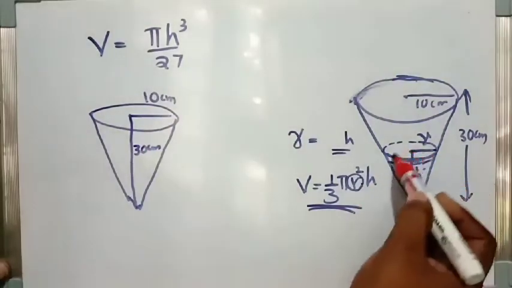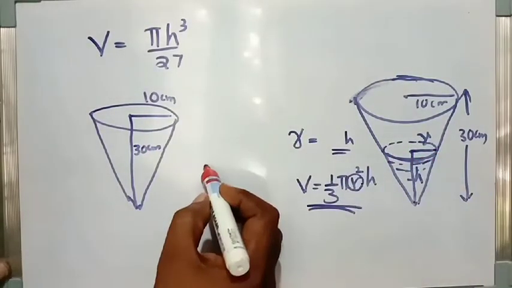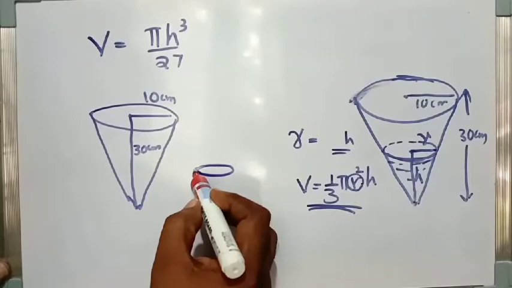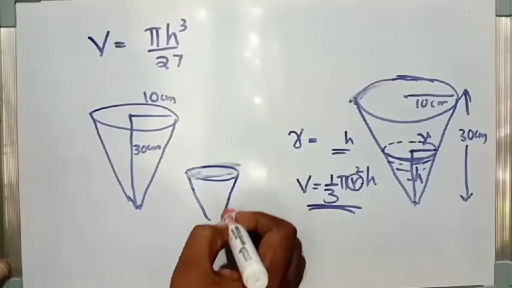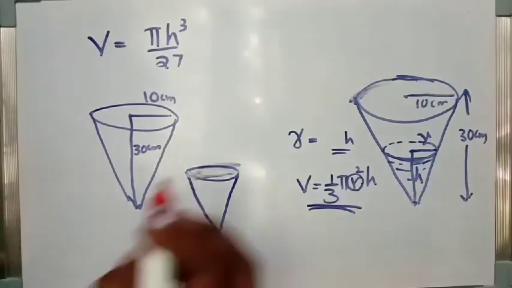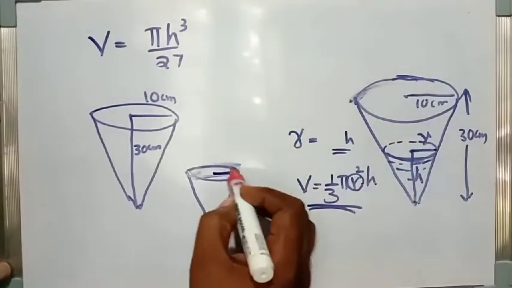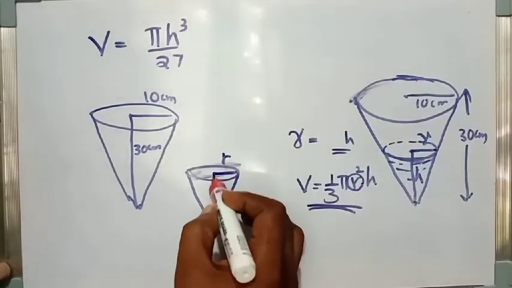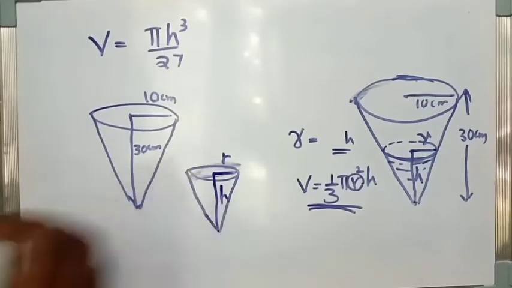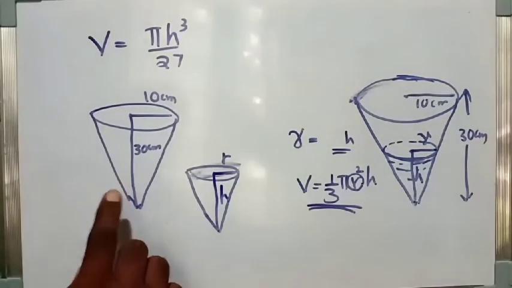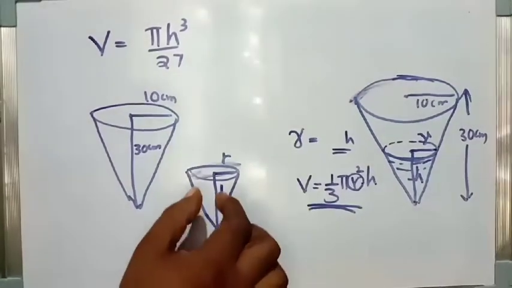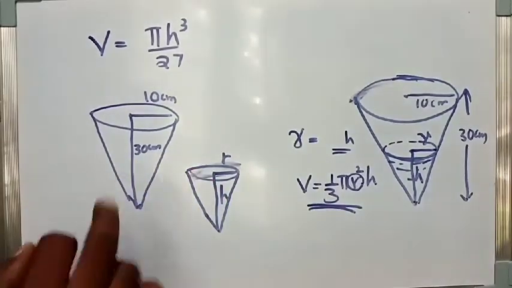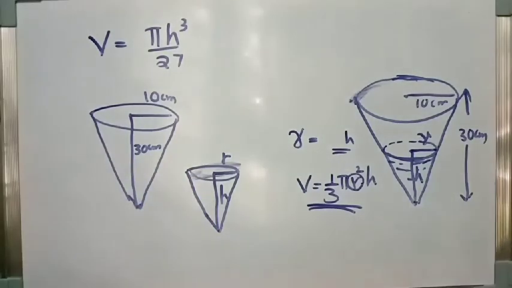And the second one is the shape of water, with radius r and height h. Both are similar in shape because this is formed from this.